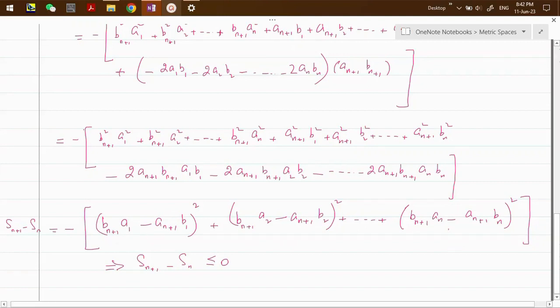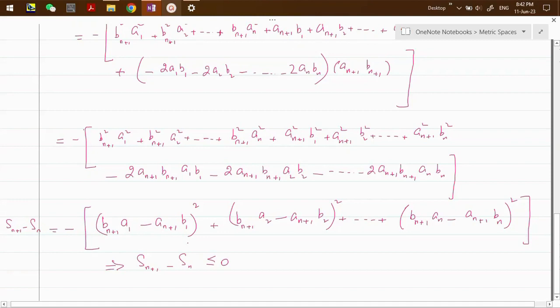Or if at least one of them inside the brackets, maybe the first term, maybe the second term, or maybe the third term, or any other term, is not equal to 0, it means that Sn plus 1 minus Sn is negative.